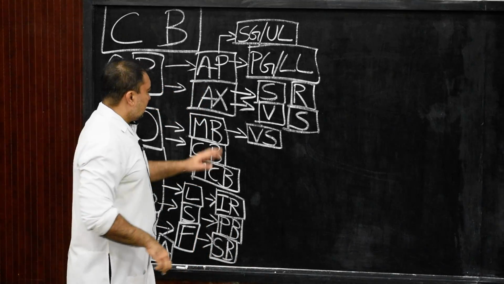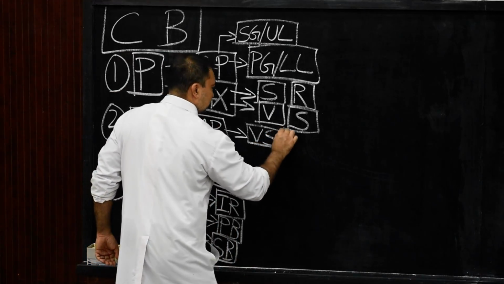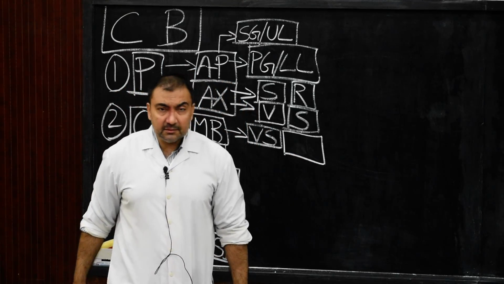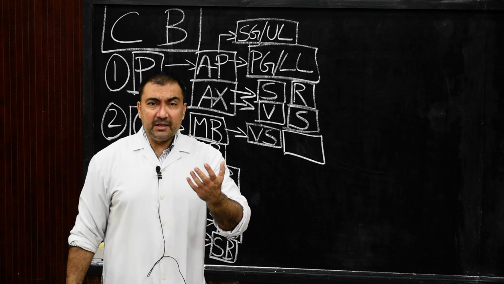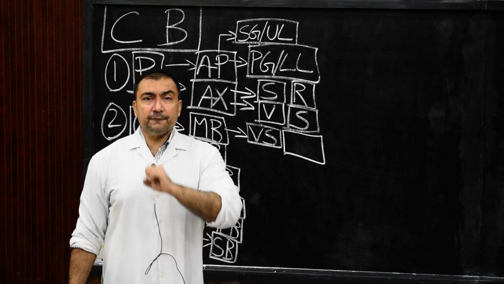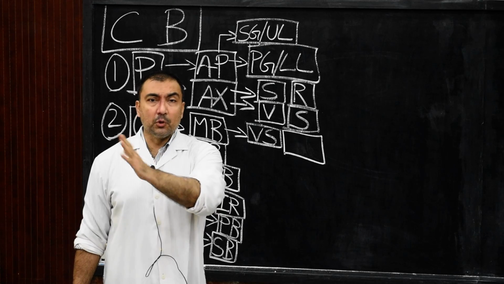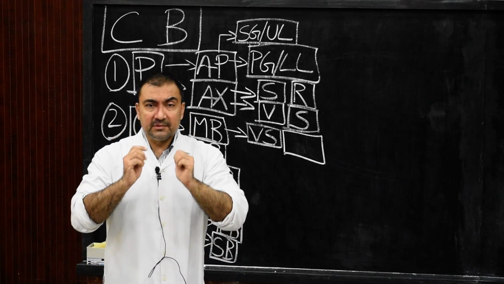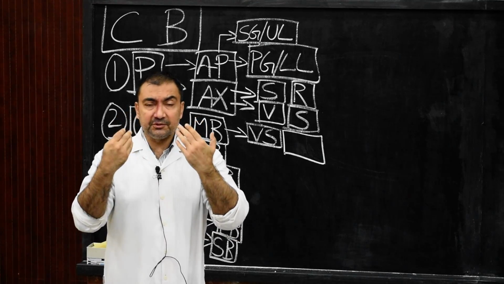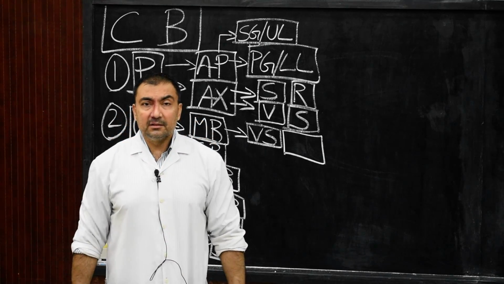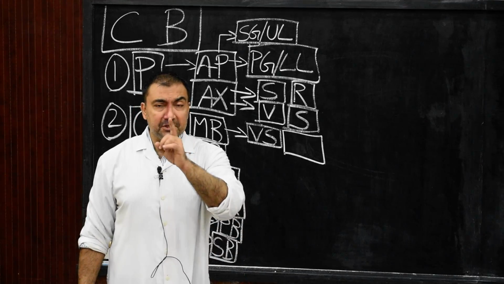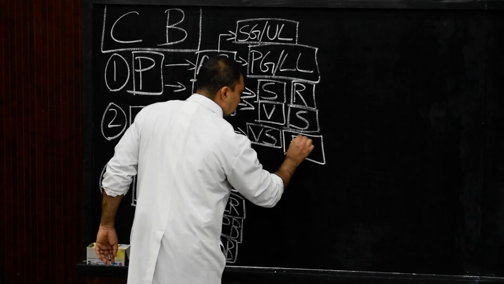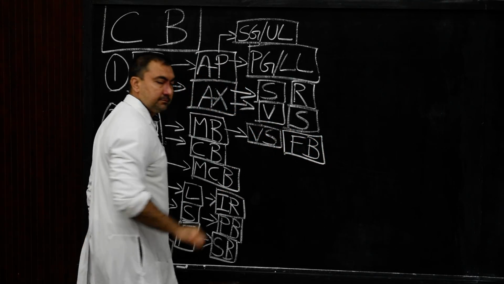And along with the bones of the vault of the skull, there will be a part of facial bones. In norma frontalis, the anterior view of the skull, whatever bones you see are a part of the facial skeleton. So those facial bones will also ossify from membrane.